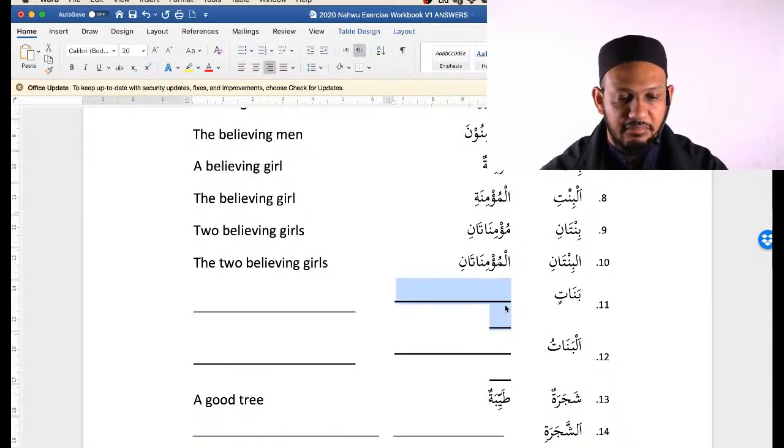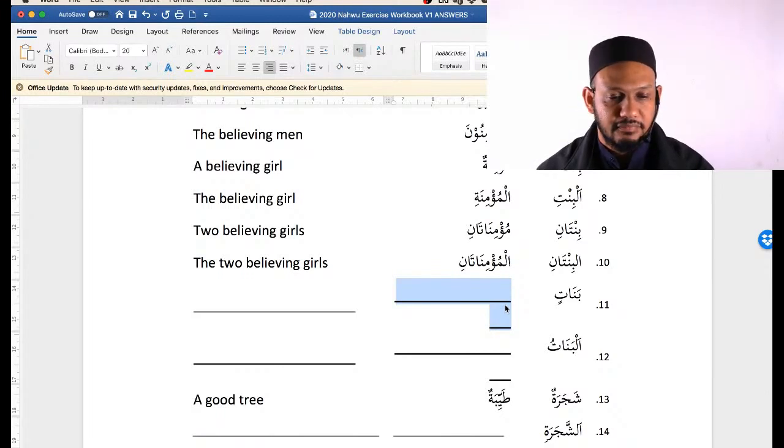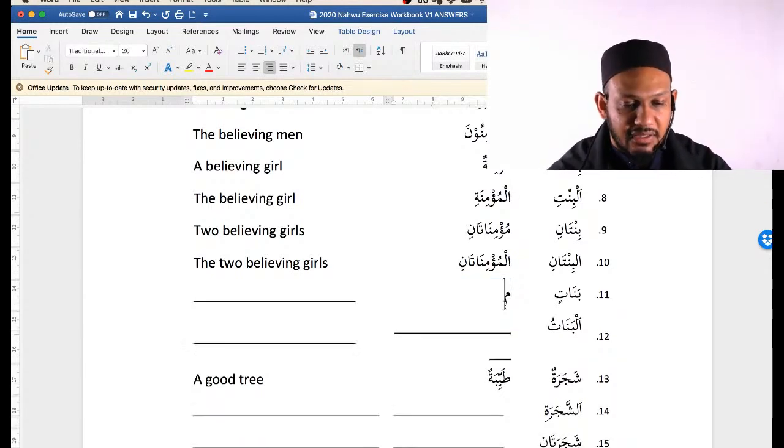Then banat. Banat is not a broken plural. It's known as a sound plural. Banatin is going to be similar to a sound plural, but banatin is plural. So then I must make it plural for mu'mina as well. So banatin will be banatin mu'minatin.